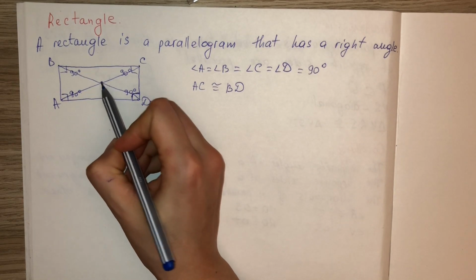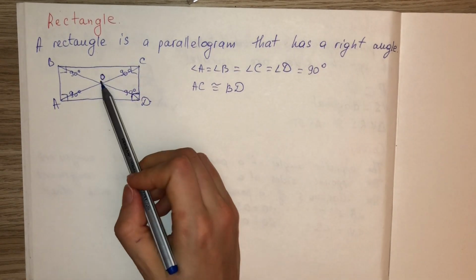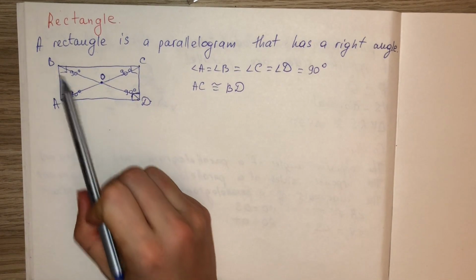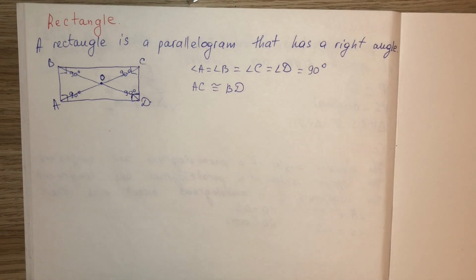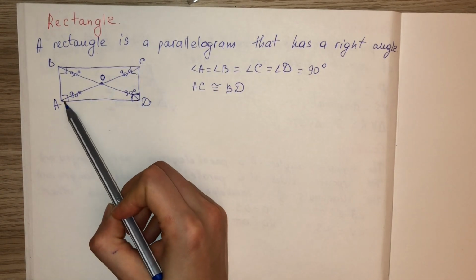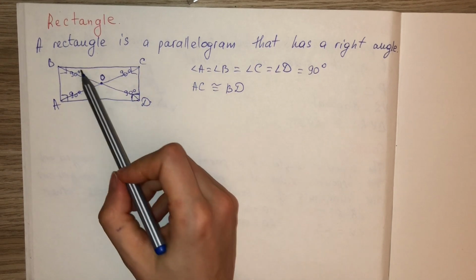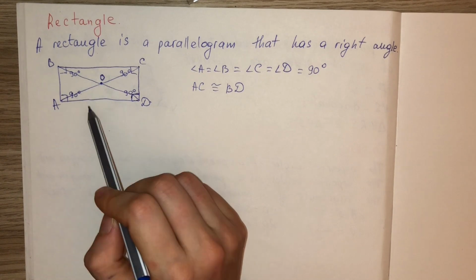It means that, let it be the point O, AO is equal to OC and BO is equal to OD. And also one diagonal makes two congruent triangles.